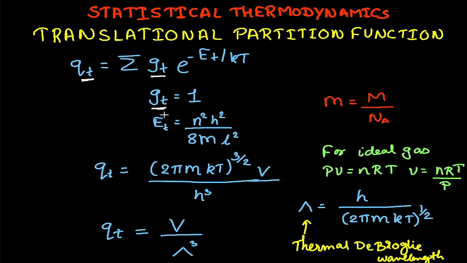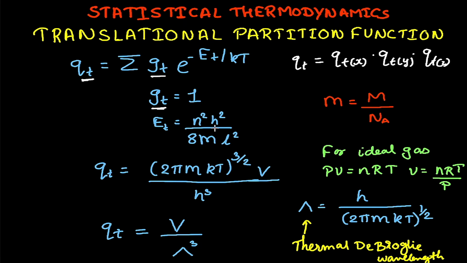So this is the expression that we get for the energy when we consider the movement of a particle in a one-dimensional box. Initially we consider that the particle is moving only along one direction, and the total translational partition function will be the partition function along the x-axis times that along the y-axis times that along the z-axis.